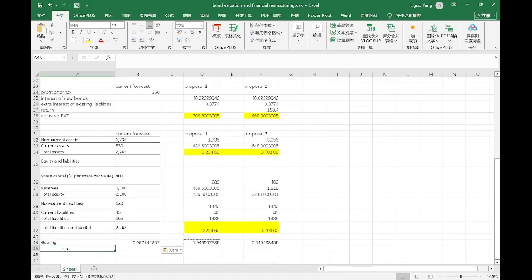And also, we were required to calculate the earnings per share.